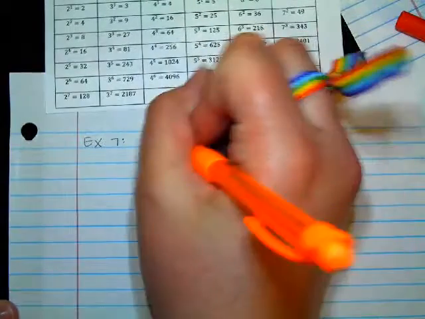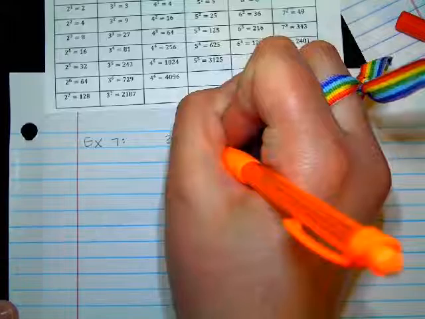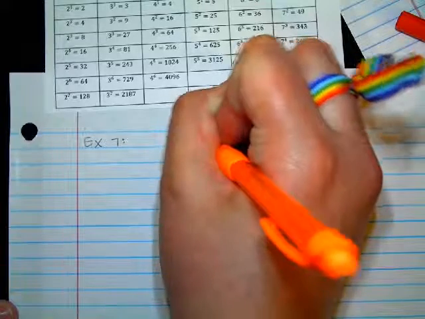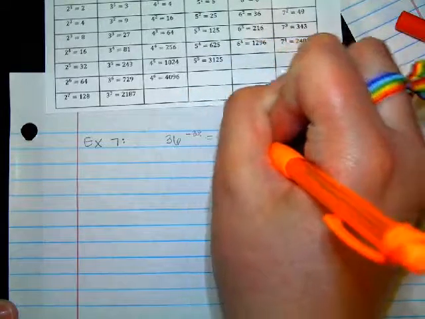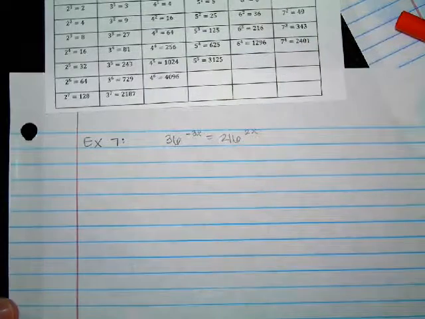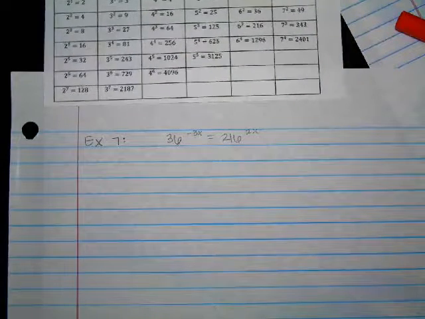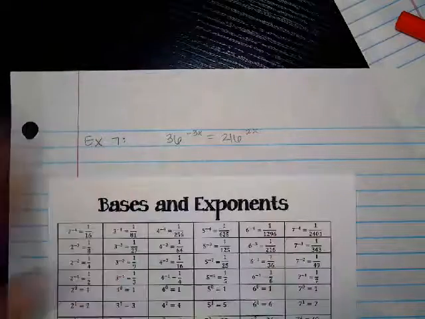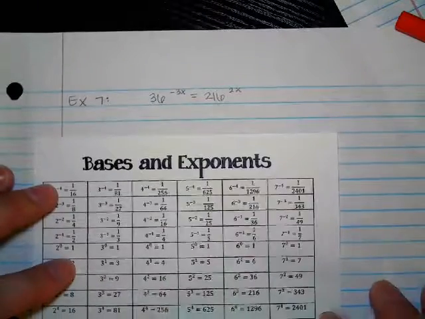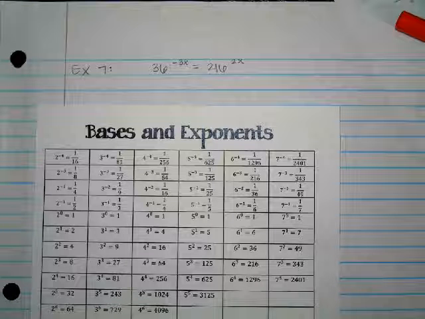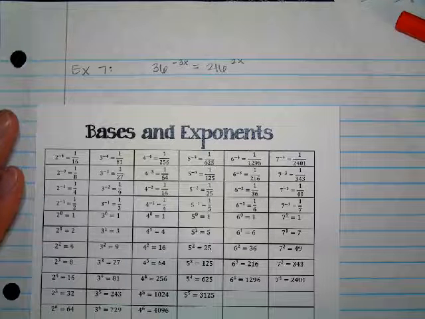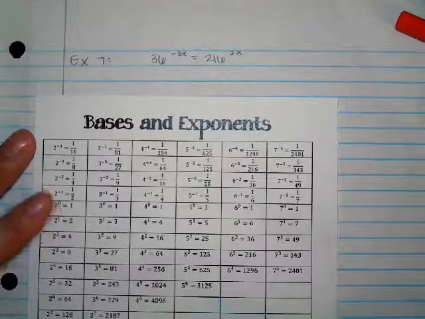All right. Example 7. Okay, we're going to do 36 to the negative 3x equals 216 to the 2x. And now everybody has a chart that they can look at easily. And so we're going to figure out 36 and 216 are in which column?